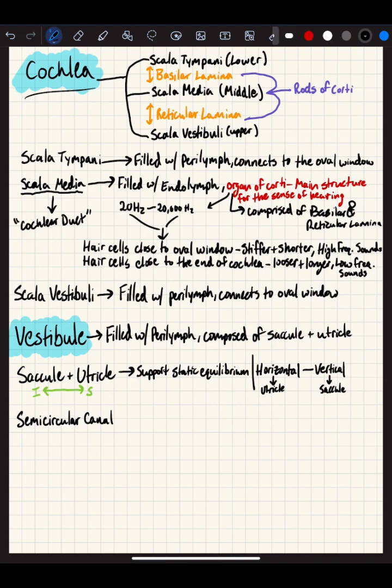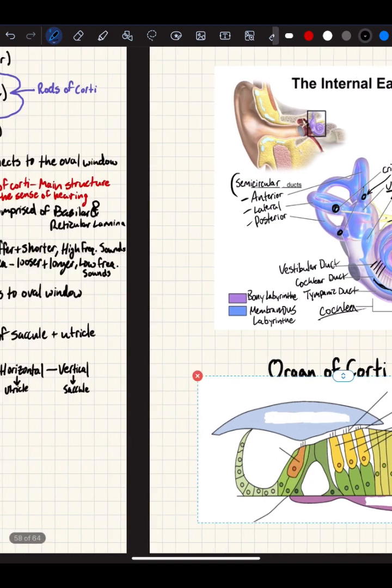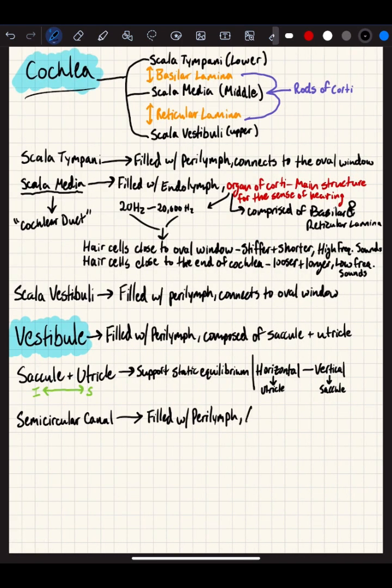The semicircular canal is going to be filled with perilymph, which is the bony labyrinth-based fluid. And there are 3 portions, as you saw in the anatomical depiction of the internal ear: anterior, lateral, and posterior portions of the semicircular canal.